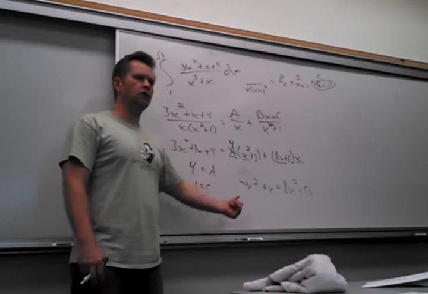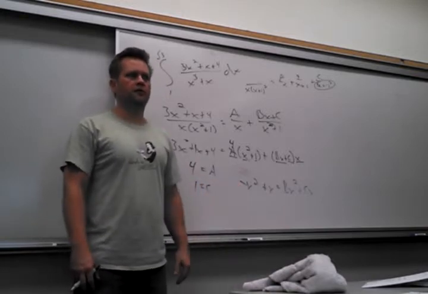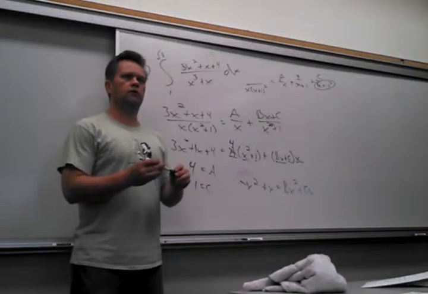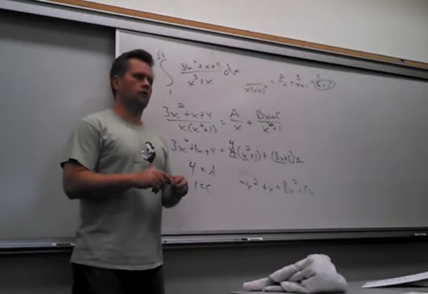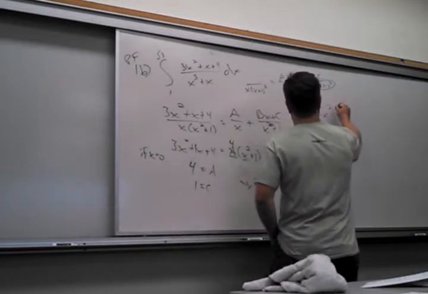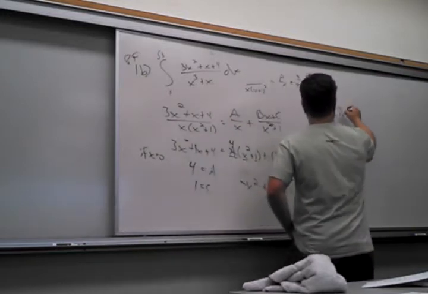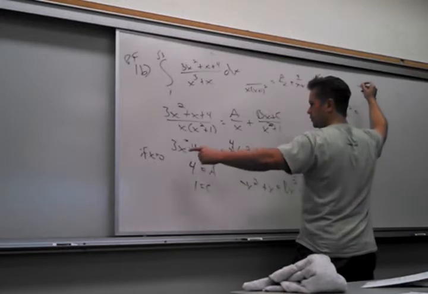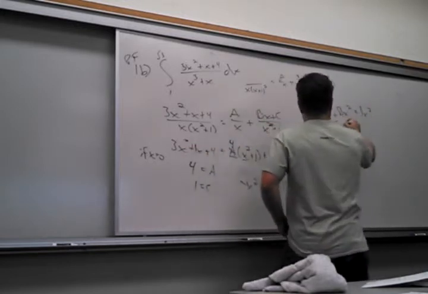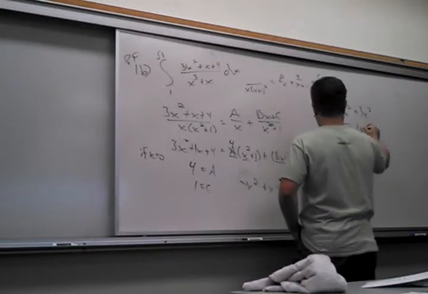So that's not the only way to do this. You could, I mean, right from the beginning, you could have said Ax squared plus Bx squared equals 3x squared. Cx equals 1x.